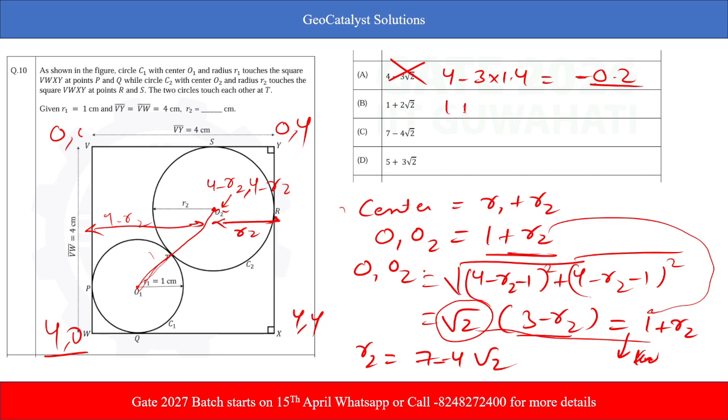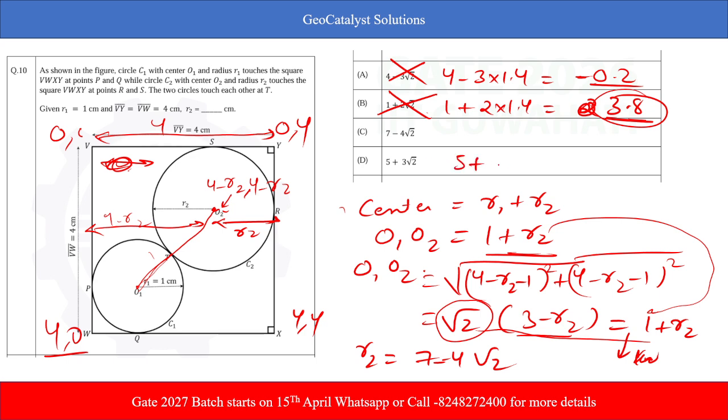Now 1 plus 2 root 2, so this is approximately 2.8 plus 1, 3.8. This whole thing is 4, and R2 is more than 1, so it can't be 3.8 also. So this option gets cancelled.